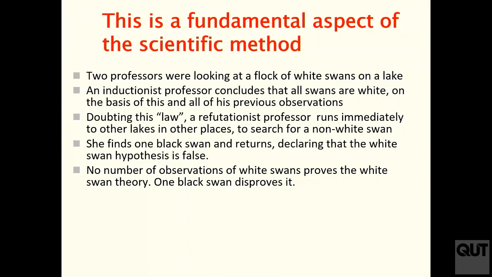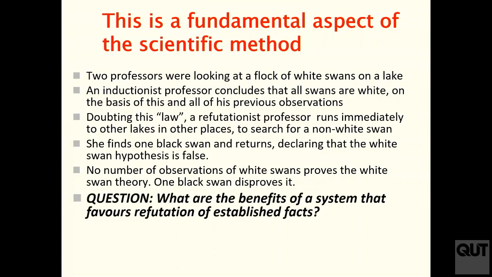It doesn't matter how many white swans you observe. It doesn't matter at all. It doesn't prove your theory to be true. But one black swan proves it to be false. And you always need to go looking for a black swan. This is right from the very start of a science degree. This explains why progress happened in science in the 1600s, 1700s and 1800s, and why it's propelling forward at a massive rate now.